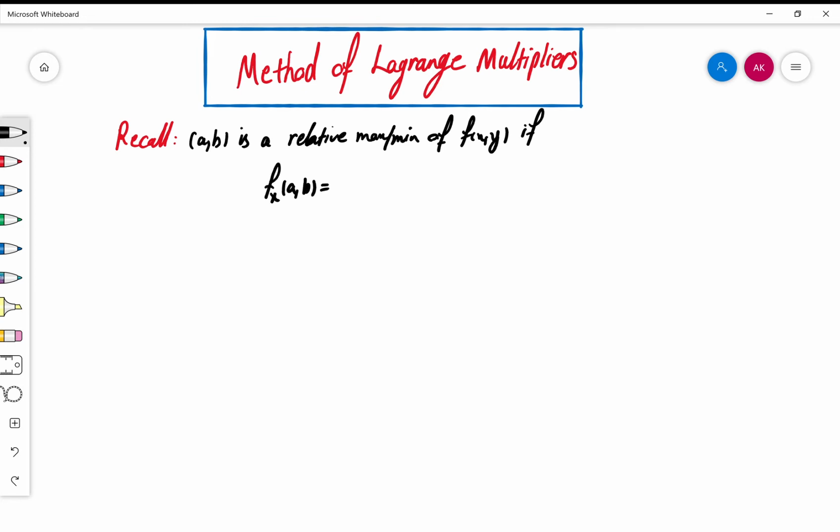If you plug that point into the first partial derivatives of f with respect to x and y, both of them are 0. That is, relative max or min points are critical points.